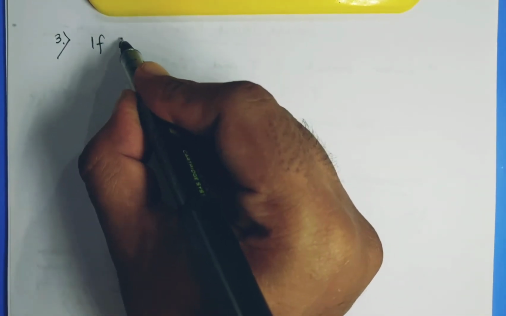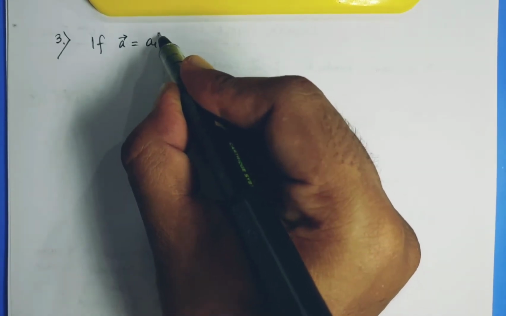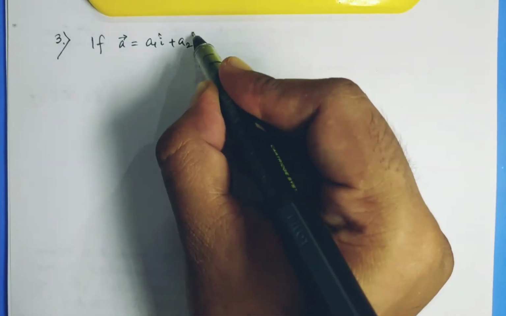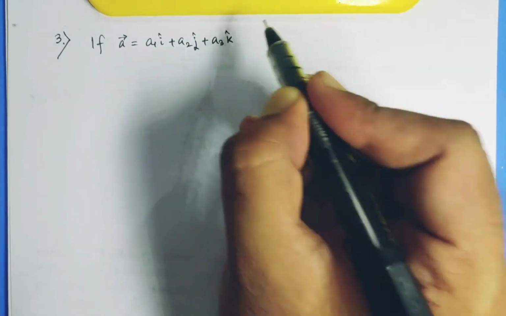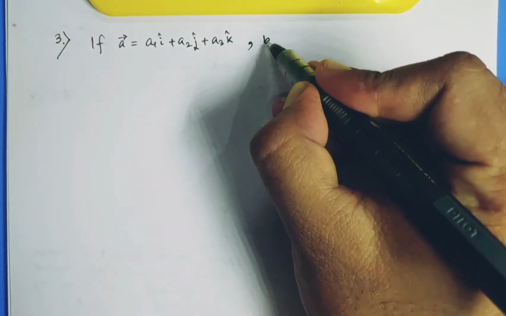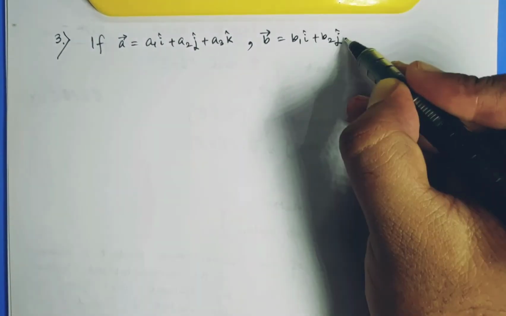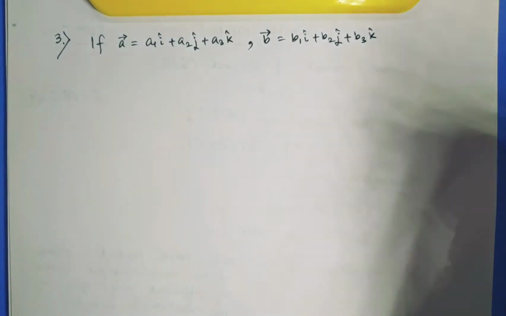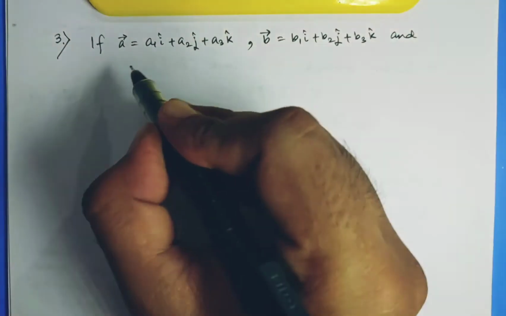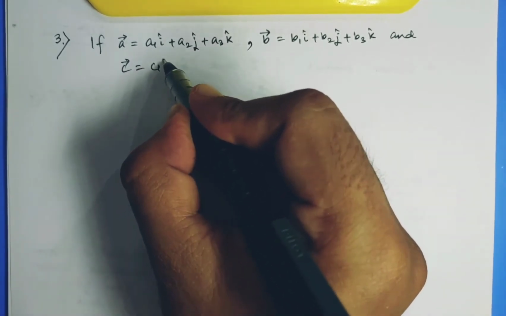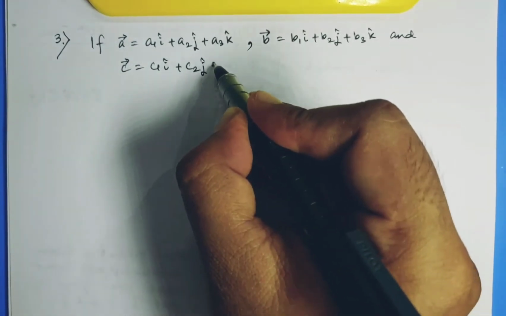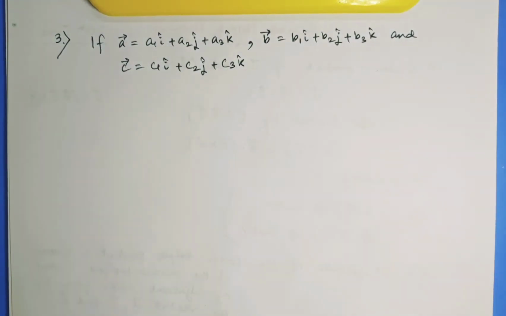So here it says, if A vector is given by A1 i cap plus A2 j cap plus A3 k cap, B vector is given by B1 i cap plus B2 j cap plus B3 k cap, and C vector is given by C1 i cap plus C2 j cap plus C3 k cap. Okay, now they're asking what will be the scalar triple product.